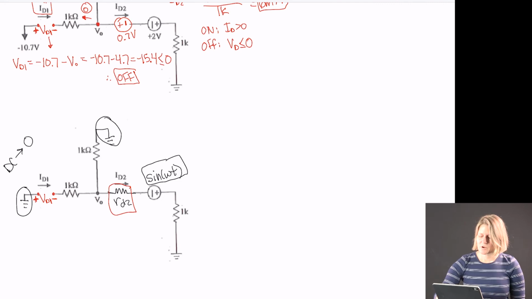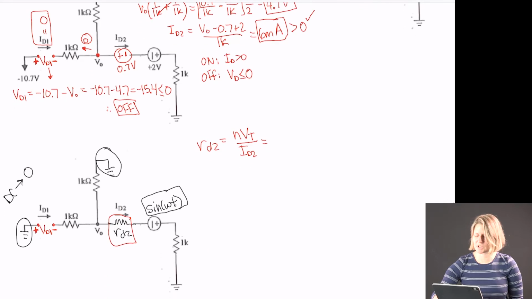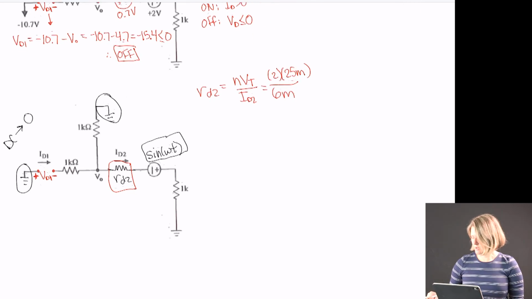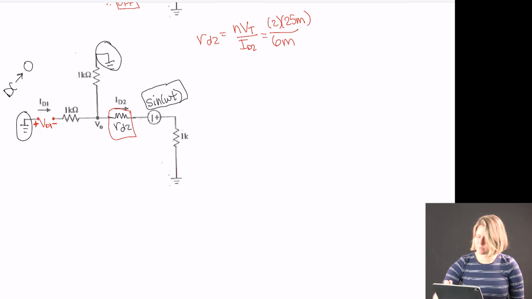RD2 was N VT over the ID2 current, and so N was given as 2, VT was 25 milli, and we use the 6 milliamps for the value for ID2. So this gives you a value of 8.3 ohms.